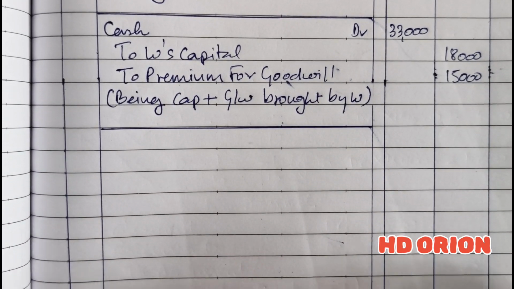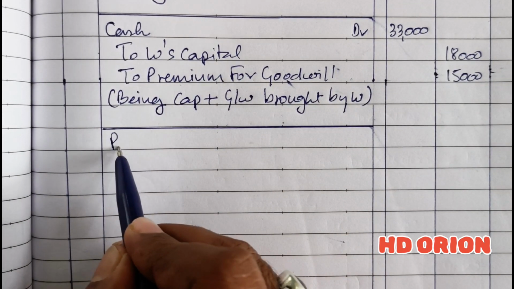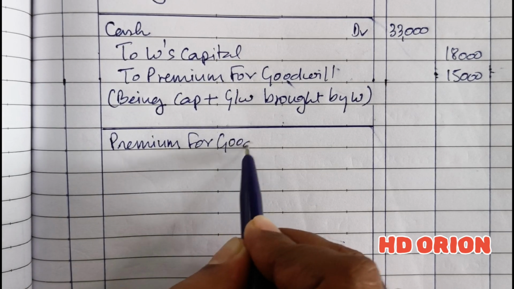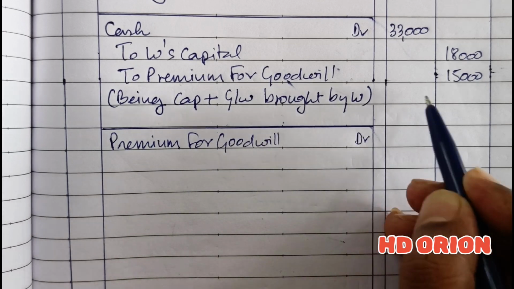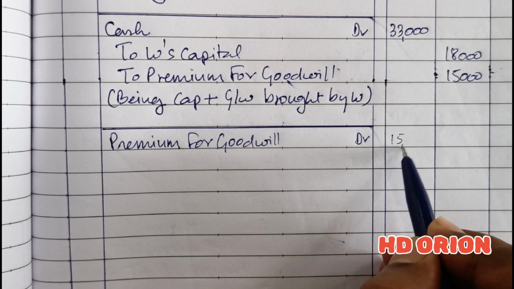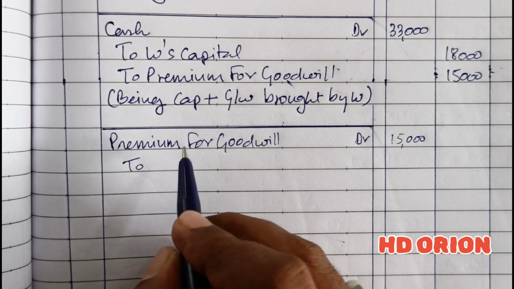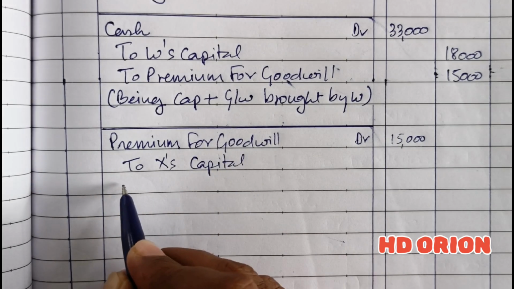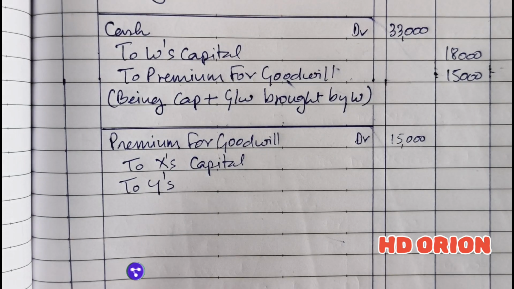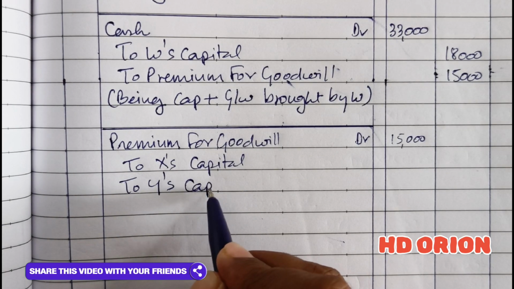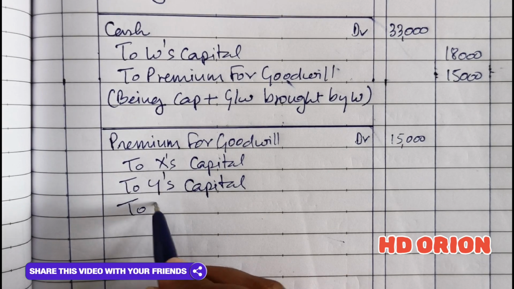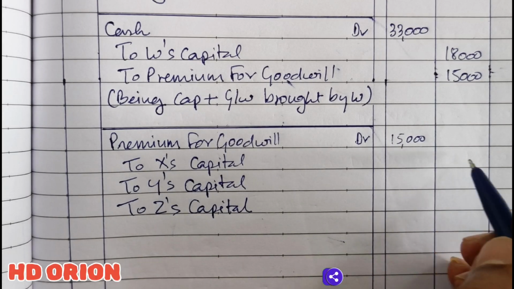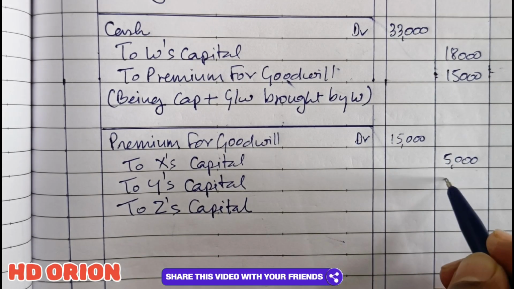Now this premium for goodwill will be paid to the sacrificing partners. Premium for goodwill account debit and closed. With how much rupees? 15,000. And it is transferred to all the three old partners as they have sacrificed. So the three partners are benefited equally because they have sacrificed equally.